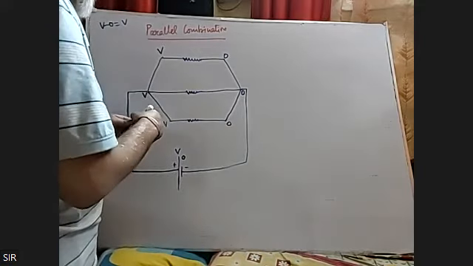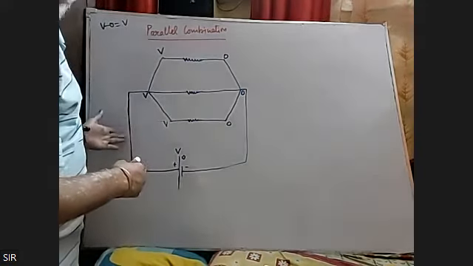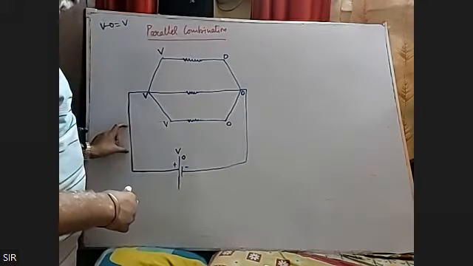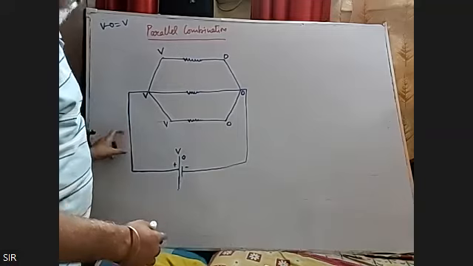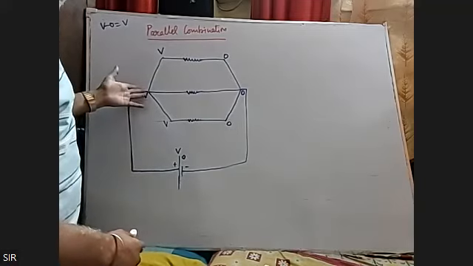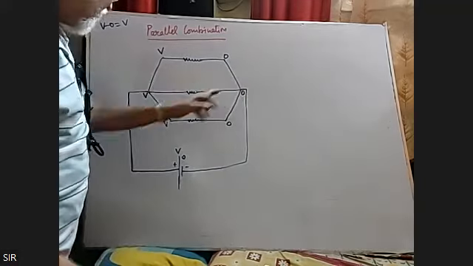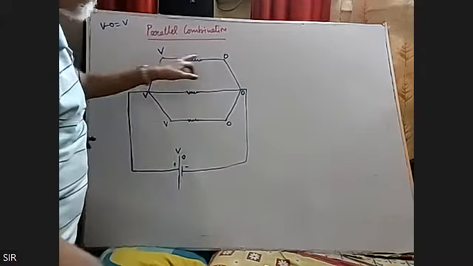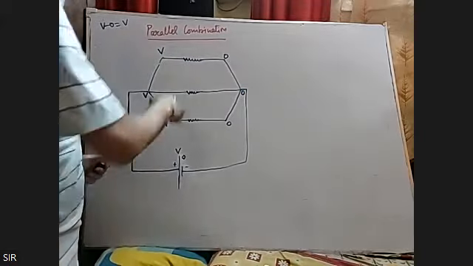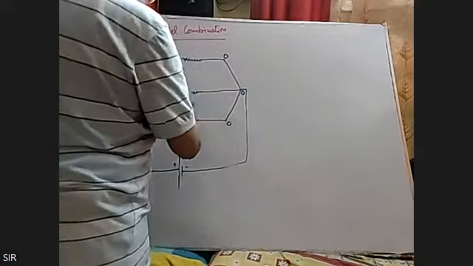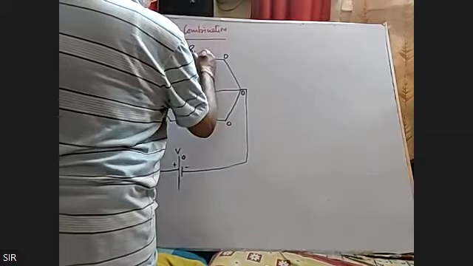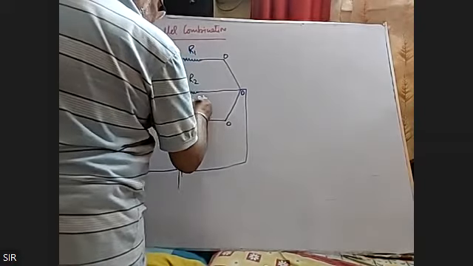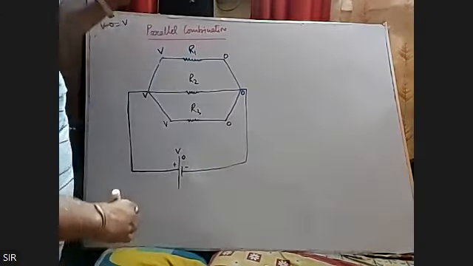In series we have seen that if there is a resistance in between, then the potential will drop by some quantity. But here there is nothing. So it will be V0 here, V0 here, V0 here. That means the potential difference across all three resistors, R1, R2, R3, is the same.